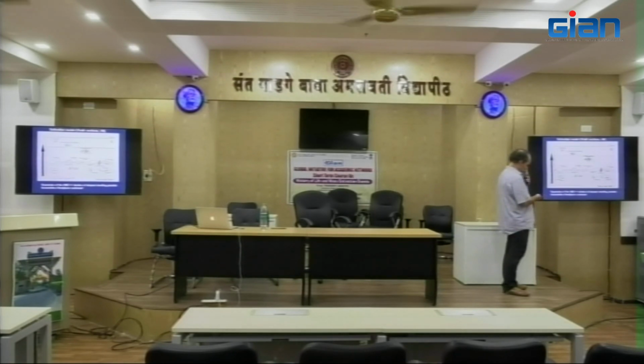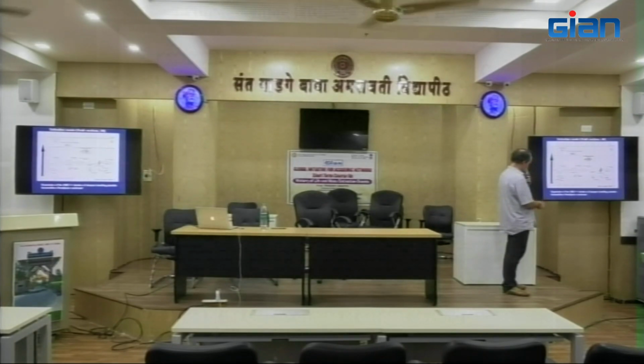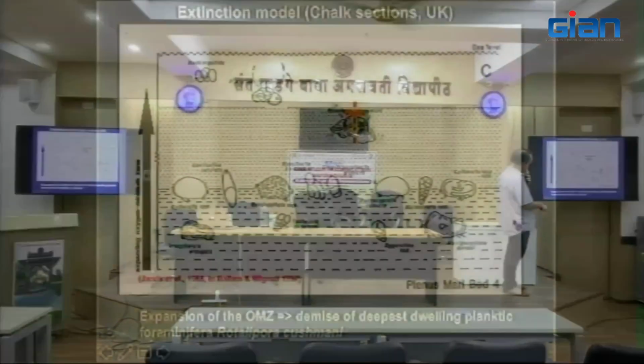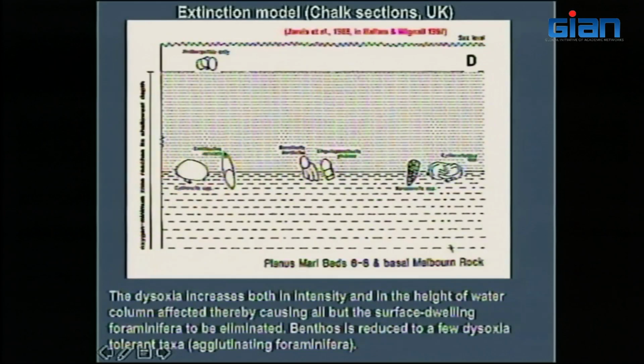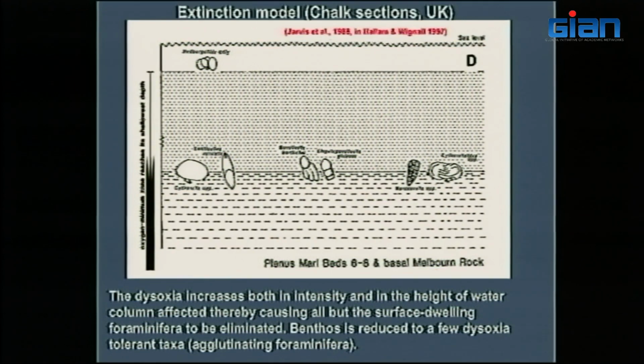And you can see also that on the seafloor, life is more and more difficult for the non-tolerant benthic foraminifera. Afterwards, you have a maximum of anoxic condition, a very intense anoxic condition, and a big part of the water column is affected.